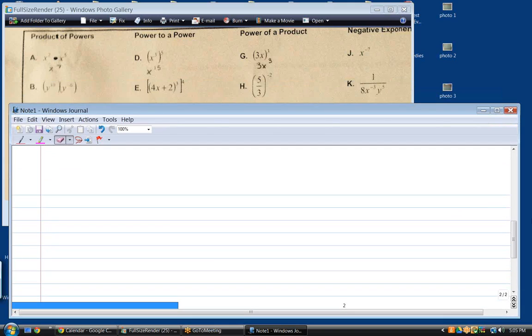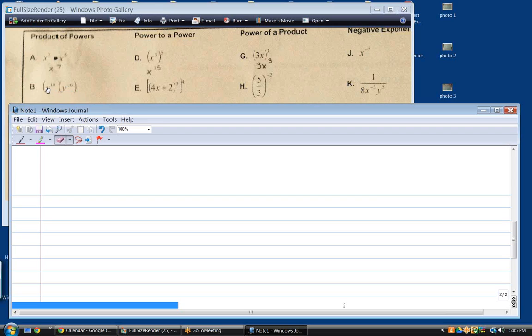All right, what's B? Wouldn't you have to multiply the 10 and negative 6? No, remember, multiplication is what is taking place on the base.